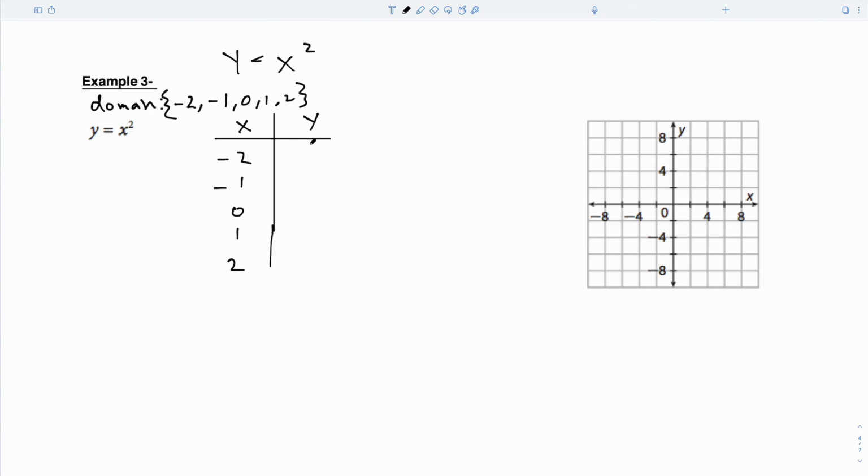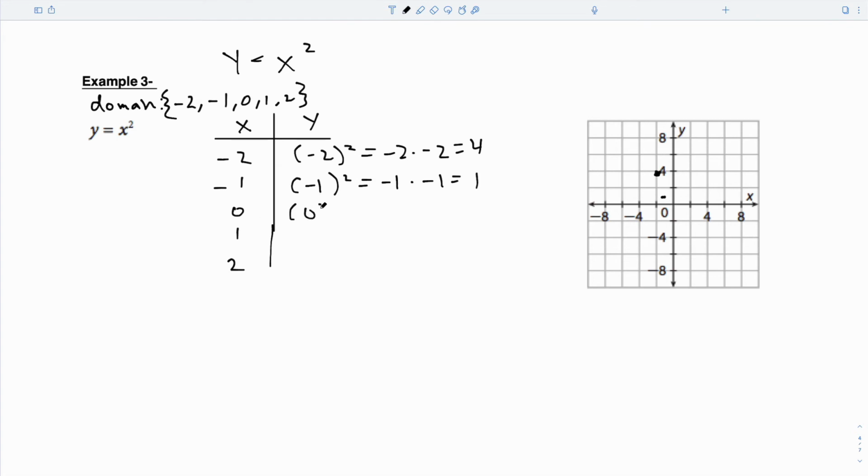And when this is negative 2, it's going to be squared, and negative 2 times negative 2 is 4. So you go negative 2 and up 4. Negative 1 squared is negative 1 times negative 1, which is just 1. Over negative 1 and up 1.